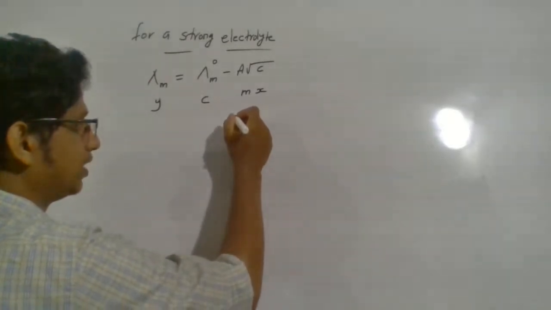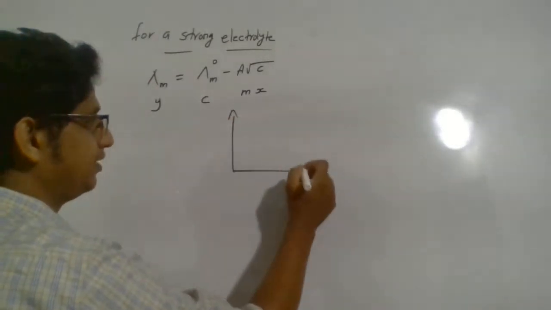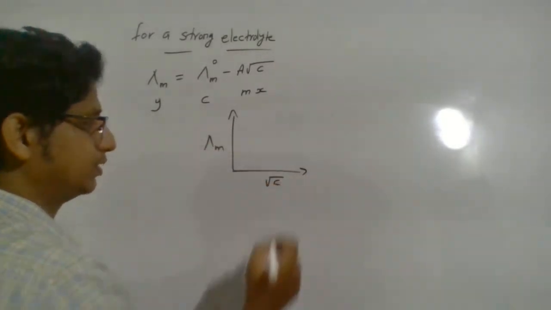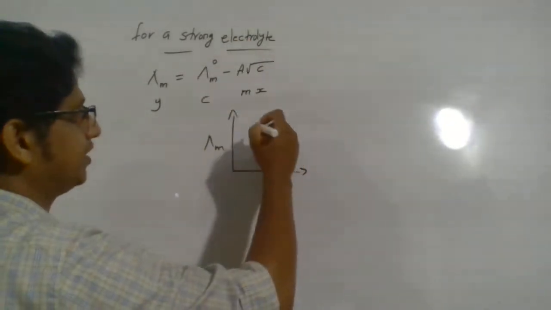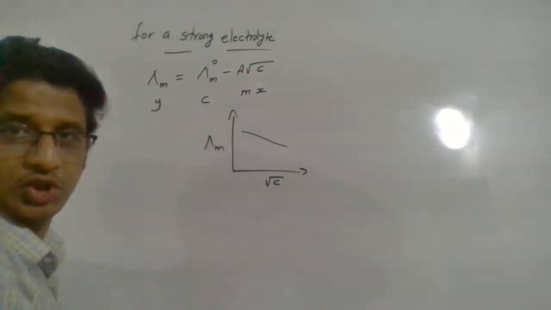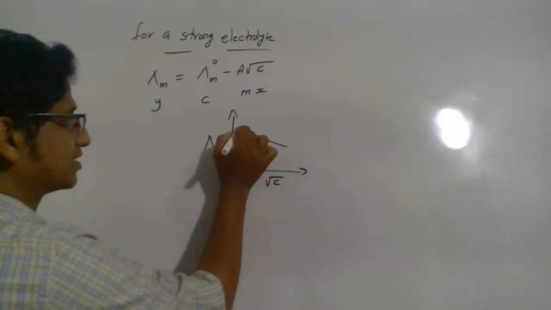So let us draw a graph between lambda m versus root c. For a strong electrolyte, you get a graph like this, which is a straight line with a negative slope. Then you can extrapolate it.